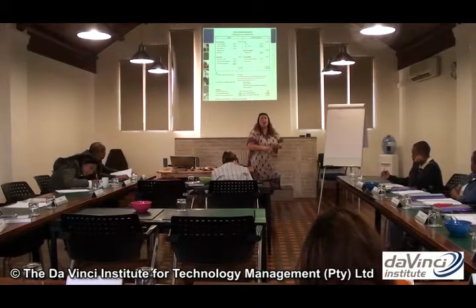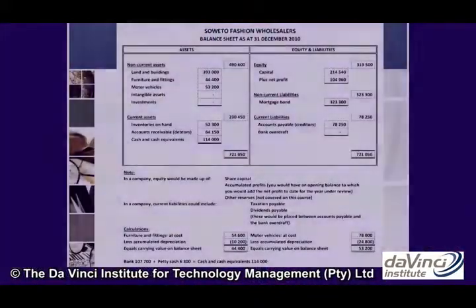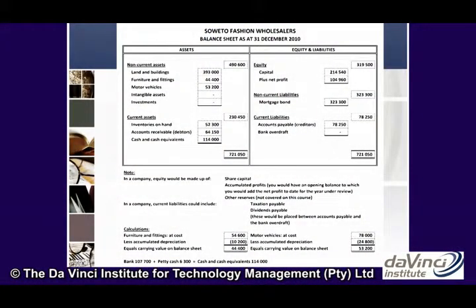Right, I just listed there that if you had intangible assets and investments, that's where you would put them in the balance sheet. You then add up all of the non-current assets, the land, the furniture, the vehicles figure, and you get the total non-current assets of 490,600. Then under current assets, we've got our inventory on hand, but that inventory figure is the closing stock figure.